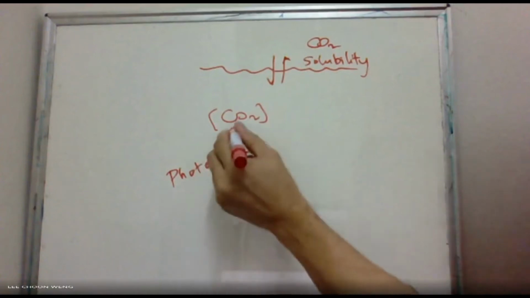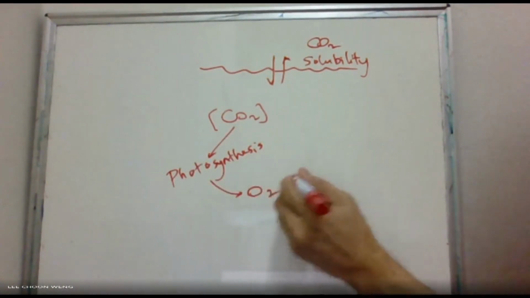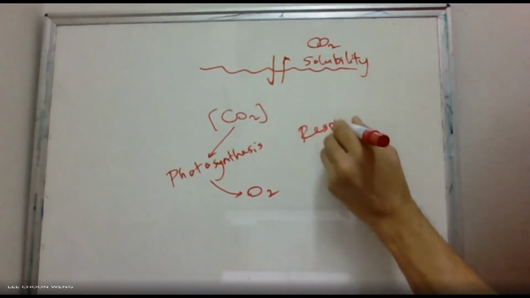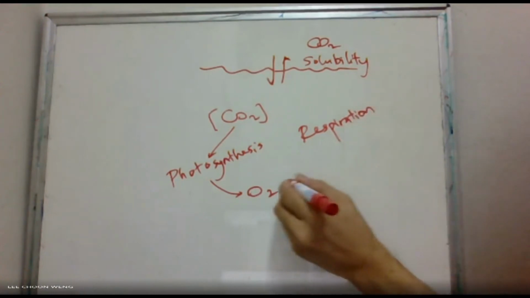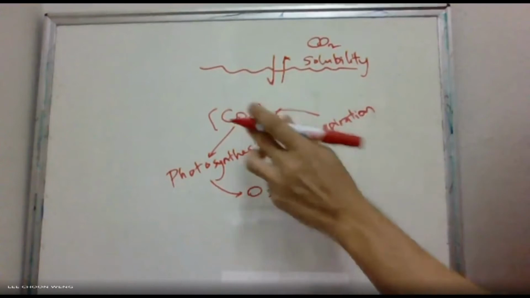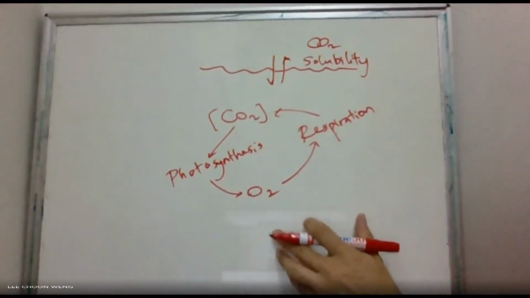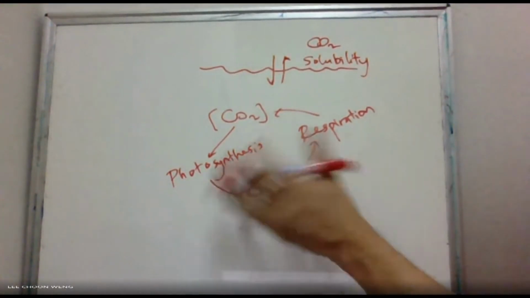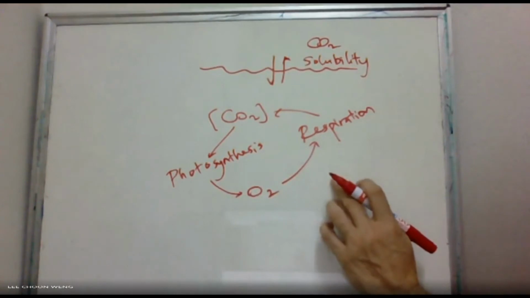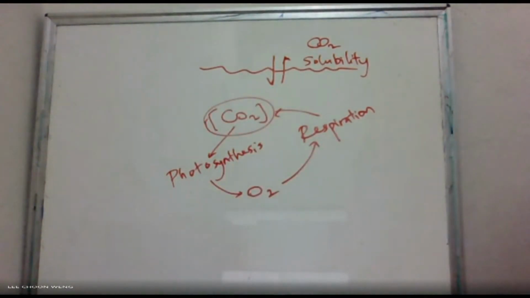So photosynthesis will fix CO2 and release oxygen. The other is, of course, respiration, which will absorb oxygen and release CO2. So this is essentially the opposite of the dissolved oxygen dynamics that we have learned. Okay, but now we are focusing on the CO2.